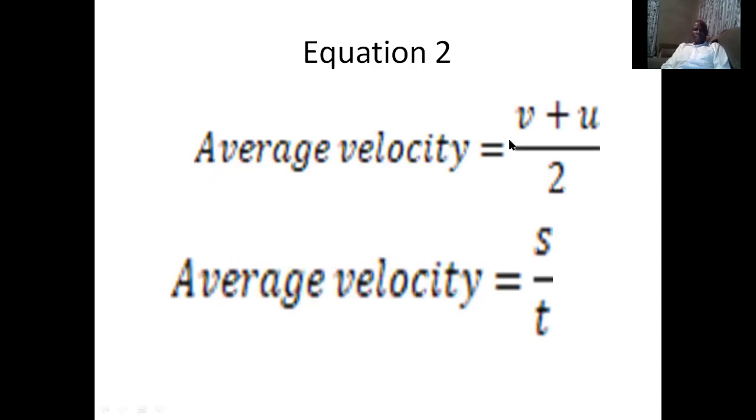The second equation is stated as follows. Average velocity is equal to final velocity plus initial velocity over 2. Here we are looking at the mean of these two velocities, that is, the velocity at the end plus the velocity at the starting point divided by 2.